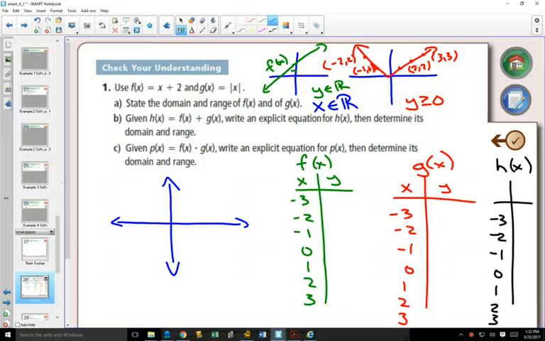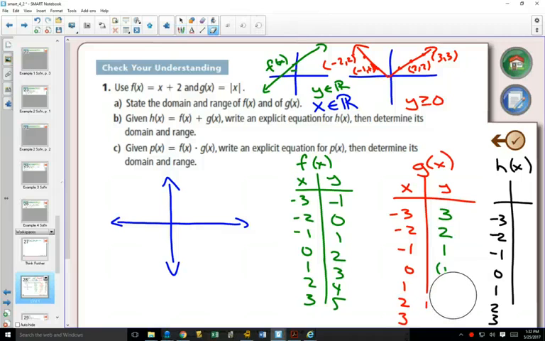So for f of x, you'd have -1, 0, 1, 2, 3, 4, 5. For g of x, you'd have 3, 2, 1, 0, 1, 2, 3.